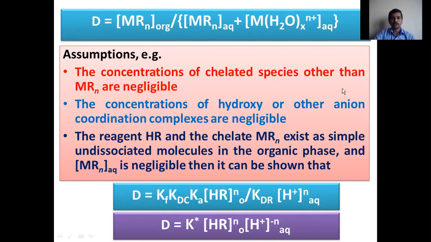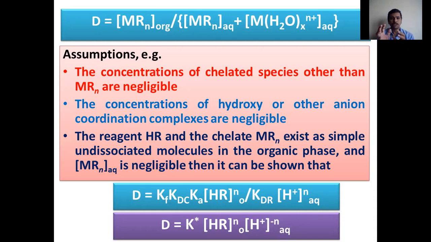KD will not reflect the total concentration of the analyte. Whether you consider the aqueous layer or the organic layer, the total concentration of the analyte has to be considered. In the aqueous layer, the metal may be present in the hydrated complex form or in the MRn form. We don't know what quantity of the metal has been converted into the uncharged metal chelate MRn, or if any metal is present in the M(H2O)x^n+ form.